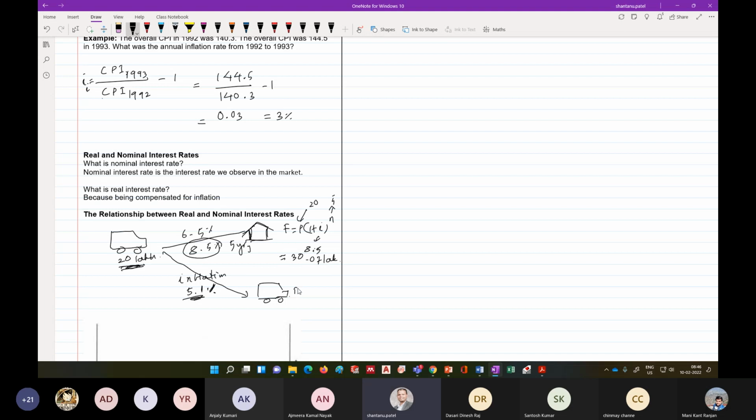Using the same formula, F equal to P into (1 plus i) to the power n, it is 25 lakh 65,000.